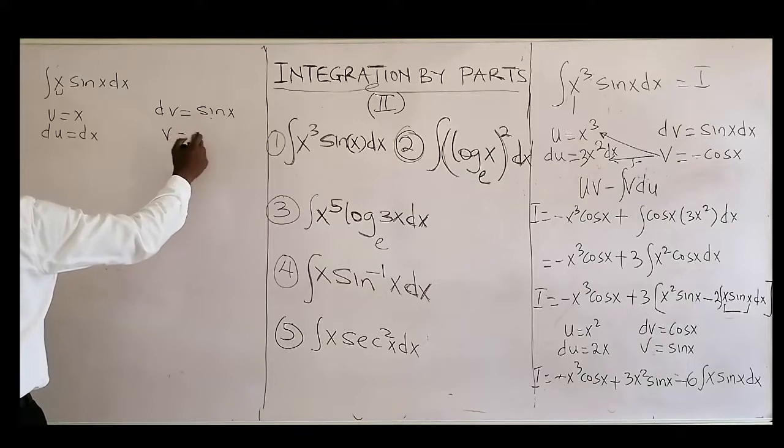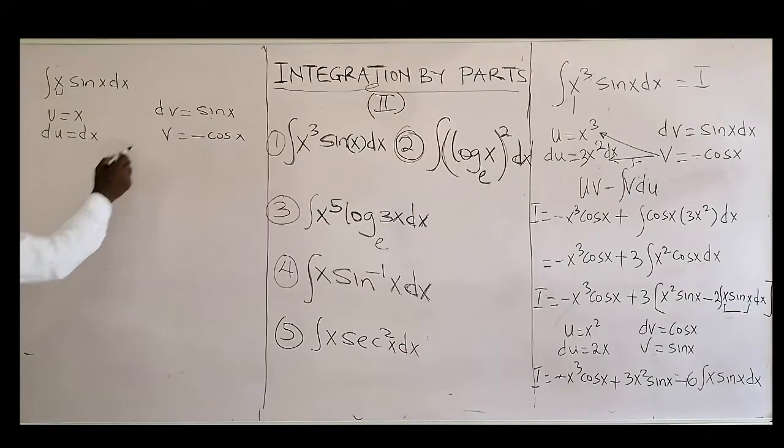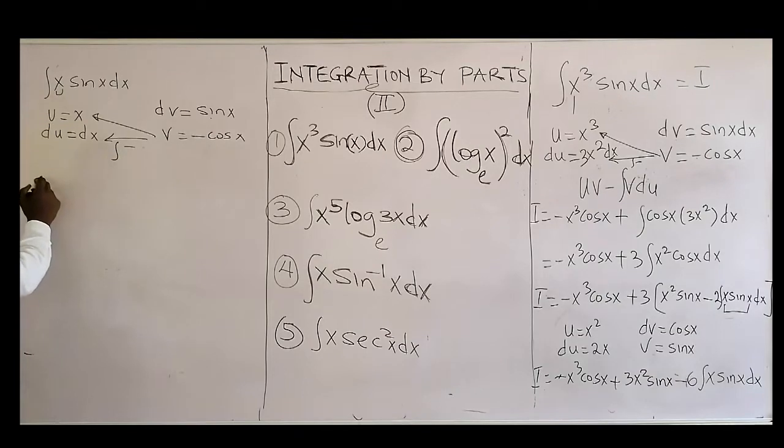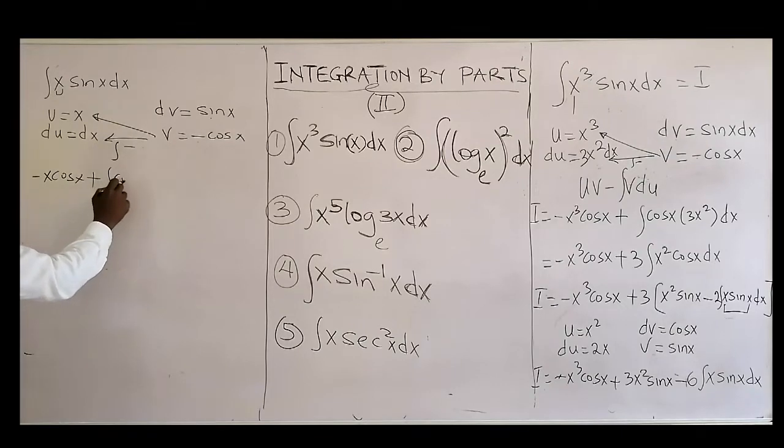The integral of sine is minus cos. So begin to plug in uv, x times minus cos x. Then minus the integral of v du, v is minus cos x. The minus here becomes plus, that's cos x, then du is dx.